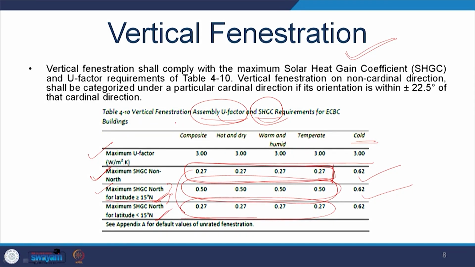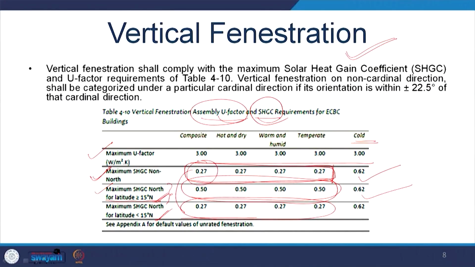Now, when we were having this discussion about the SHGC, we talked about the availability of direct solar radiation onto the window. Now, if shading is provided on top of this window outside, the direct solar radiation which is incident on the window, the fenestration, will reduce, and the requirement for this SHGC may not remain that stringent, it will become lenient, which we will see in subsequent slides.